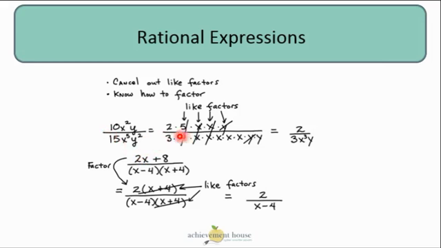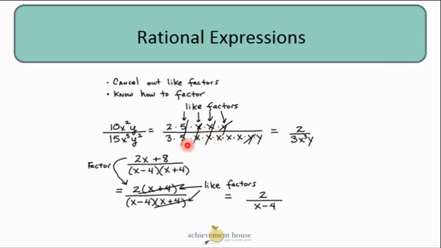You can't factor that any more than it's already been factored. X squared can be factored into x times x, and y is just y. And in the denominator, 3 times 5, they're both prime numbers. We can't factor them anymore. And then since you have x to the fifth, you're going to have 5 x's multiplied, and y squared is y times y.